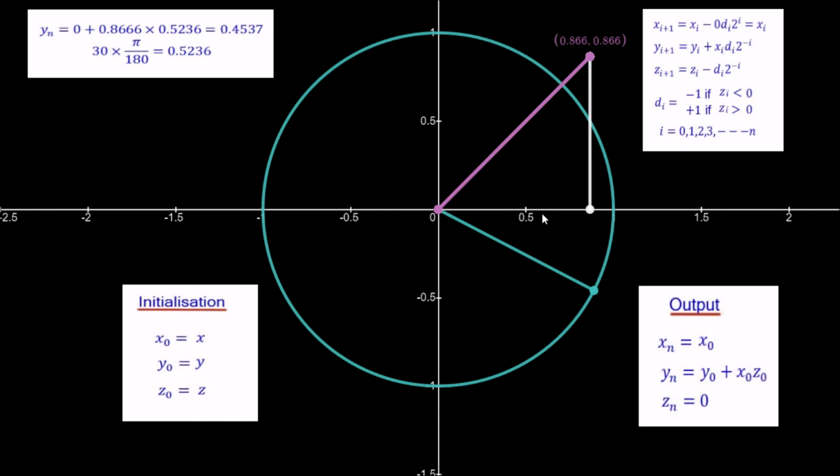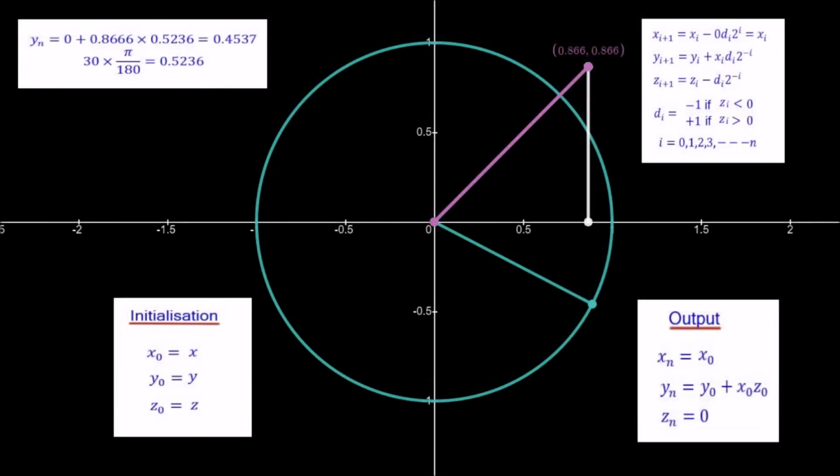Now the sine of this angle here is now negative, so if that is a negative value for this angle, the value for d becomes minus 1. So that means we're going to rotate this here in the opposite direction, so this rotates down in this direction here. So it goes down by the next angle, which is 26.565 degrees. So this is the next point here.